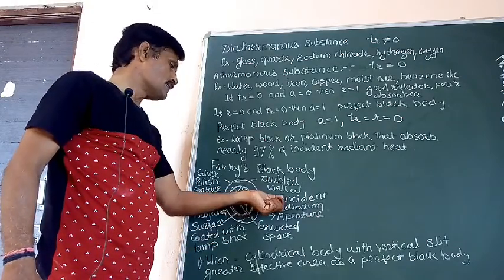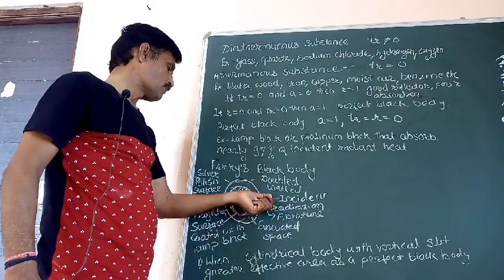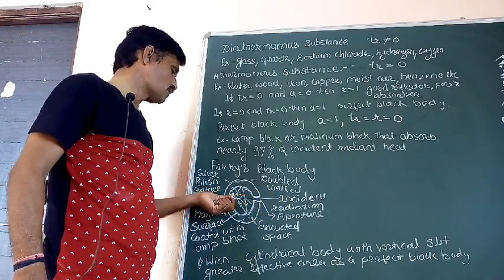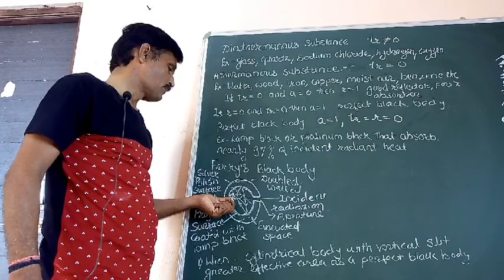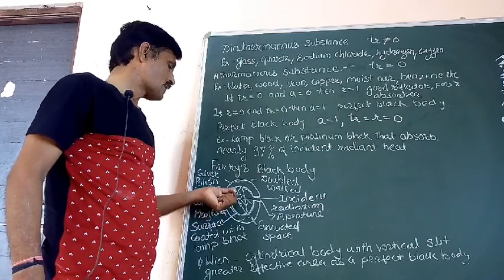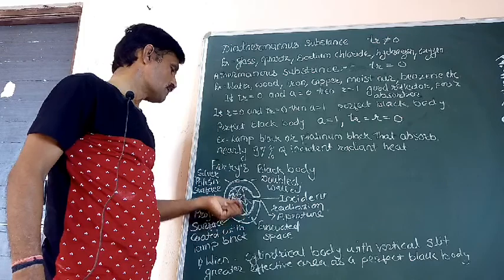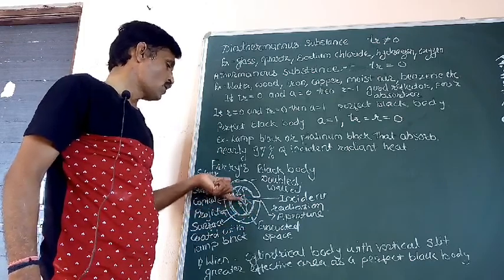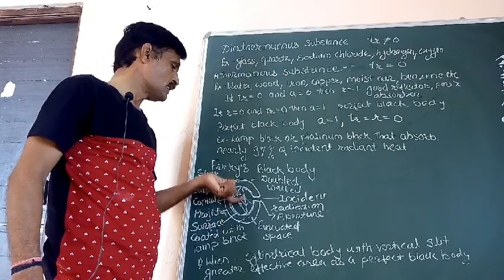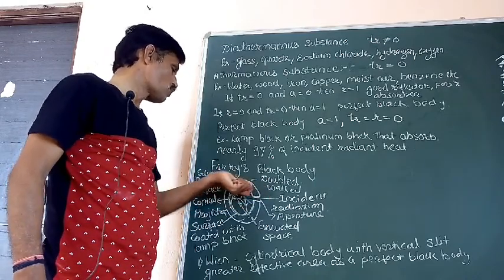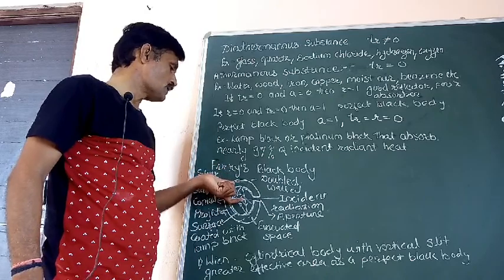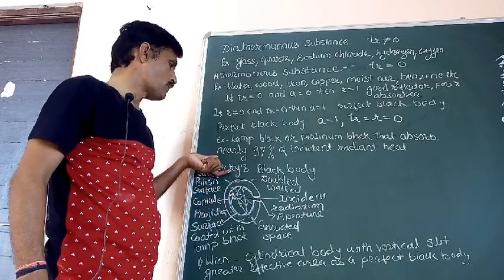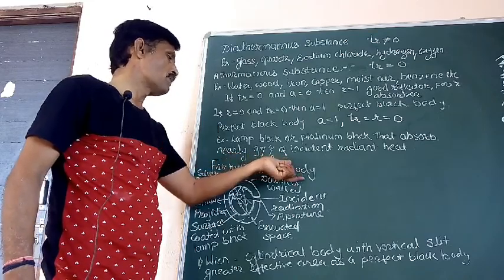Now, when the incident radiation passes through the opening or aperture and is incident on the conical projection, it gets reflected and there is multiple reflection inside the body. Thus, the whole amount of heat radiation passing through the opening is absorbed. So this is Ferry's perfectly black body.